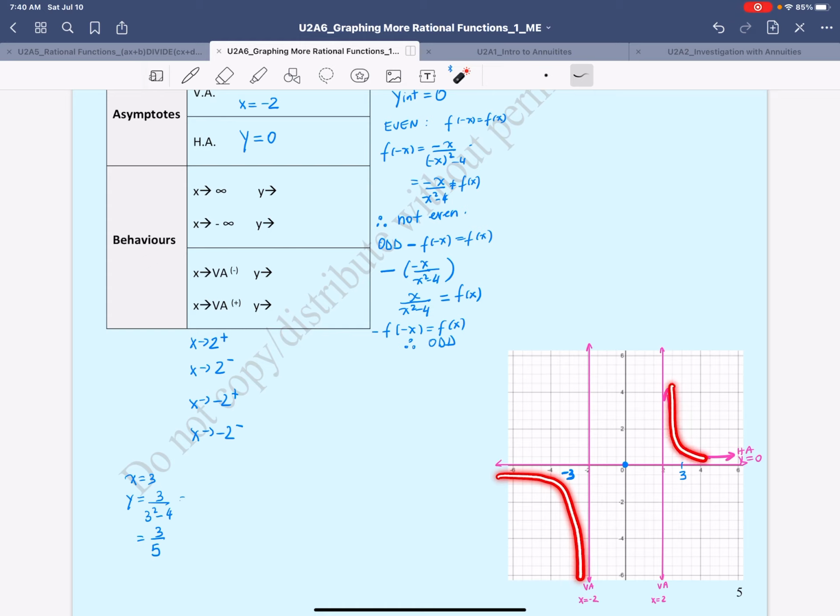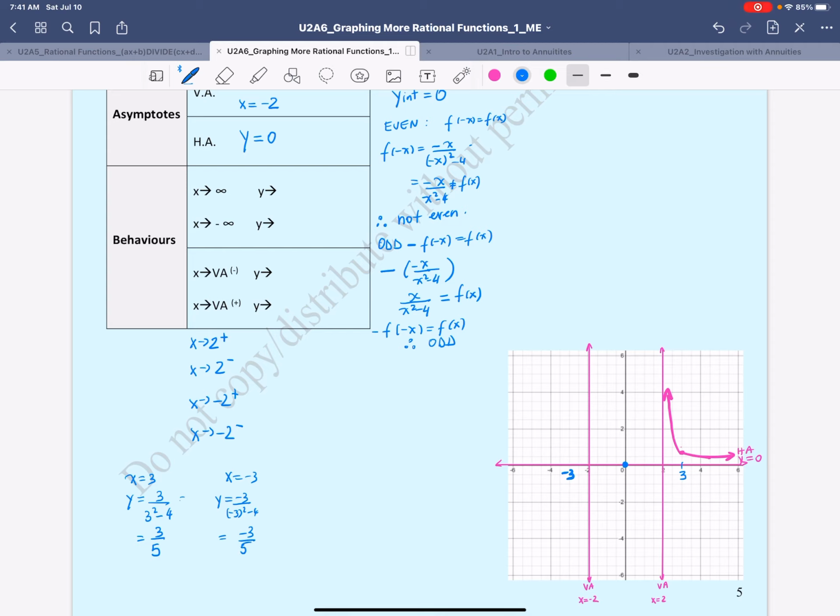To fit the idea that this graph will have odd symmetry. However, what I'm going to do is double check by substituting x equals negative 3. And we'll have here negative 3 divided by negative 3 squared minus 4, which is negative 3 over 5.